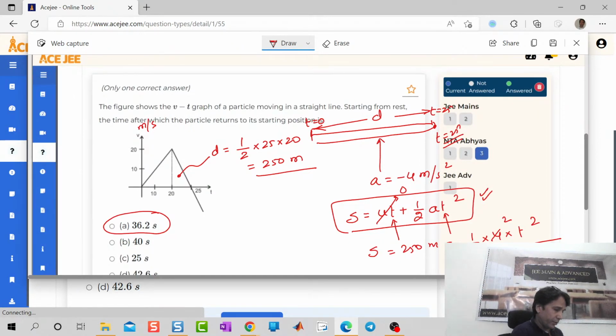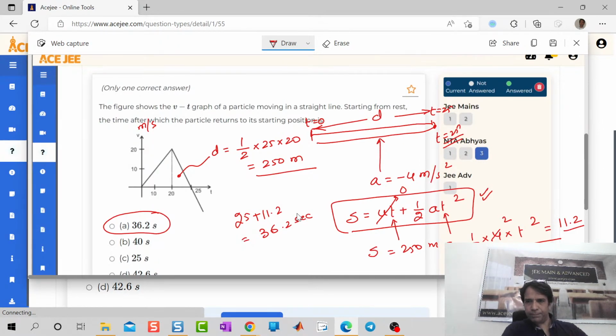So this will be around 5 root 5, 11.2, because 11 square is 121, so the closest is 11. So the total time is 25 seconds plus 11.2, that is 36.2 seconds.